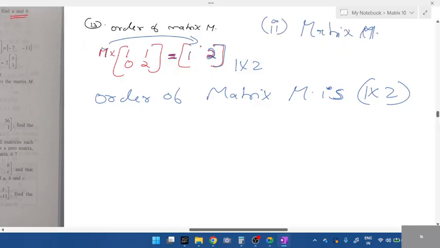After the equal sign, whatever is given, just compare with that, 1 into 2. Okay, it should have one row and two columns. One row and two columns. So this is known as the order of matrix. Once the teachers start this, we'll see what kind of statement they give. There are two or three different statements. For now, just remember order of matrix M is 1 into 2.